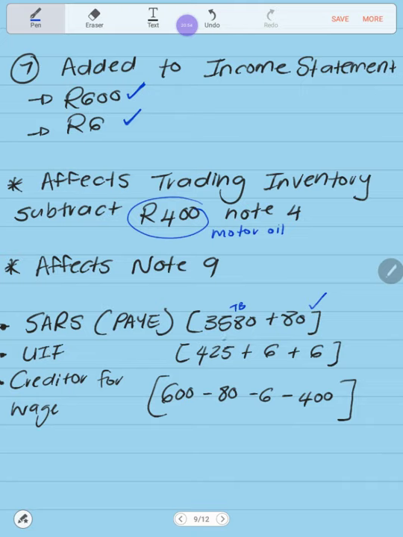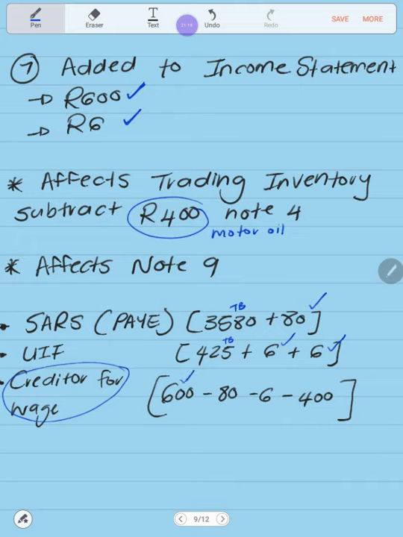UIF, you get that from your trial balance. He contributes 1% of his salary and the business contributes 1% of that salary. So you are adding the two 6 Rands. Creditors for wages. Why is this creditors for wages? You are saying that I have not paid this wage to this employee as yet.